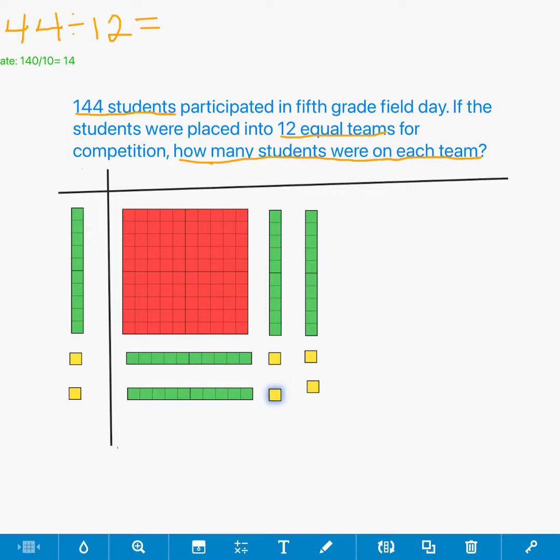Okay. So I knew that I needed to make a perfect square.